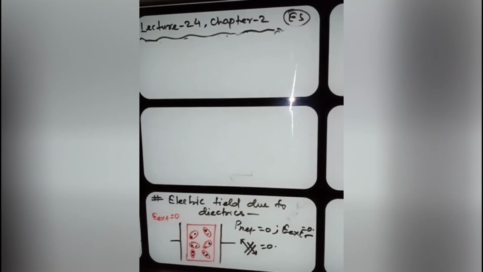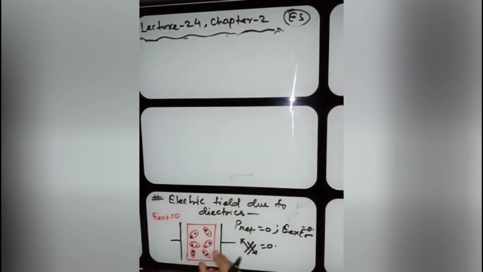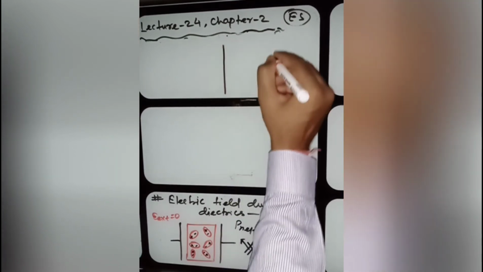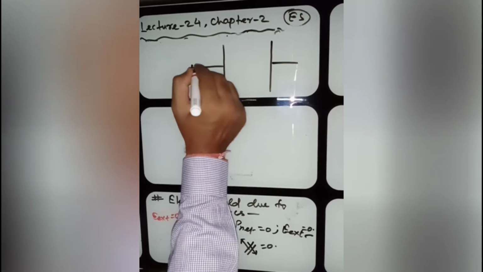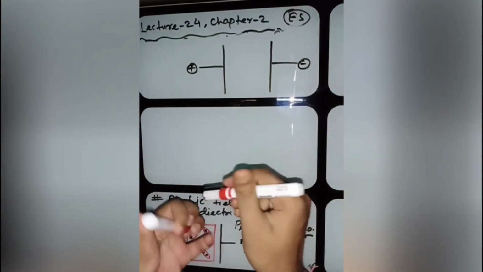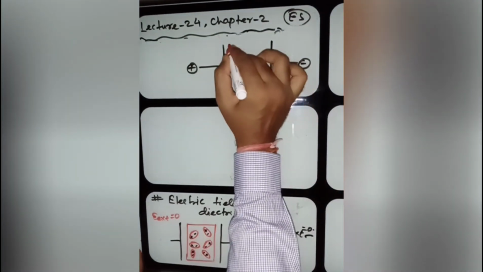Under the application of an applied electric field, all the dipoles are aligned due to the electric field. These are the plates of the capacitor, now the field is switched on, and this is the dielectric slab.